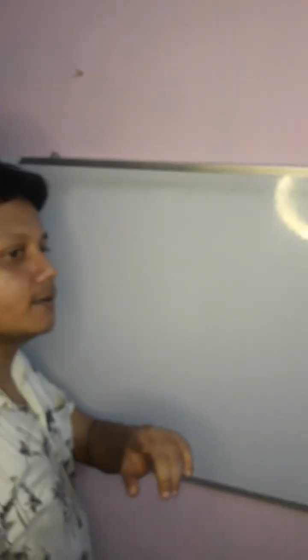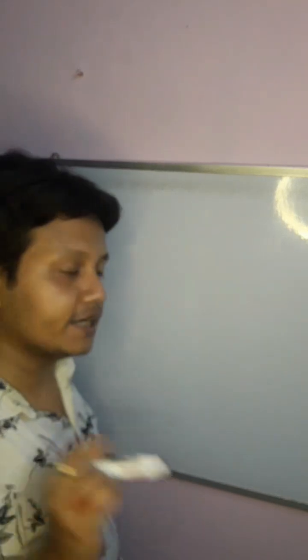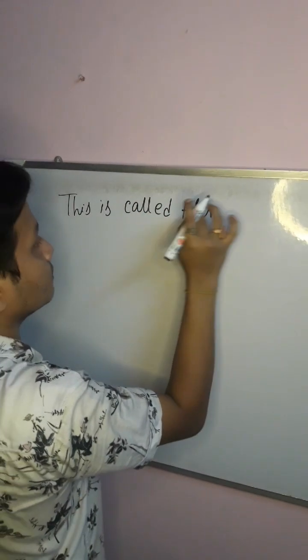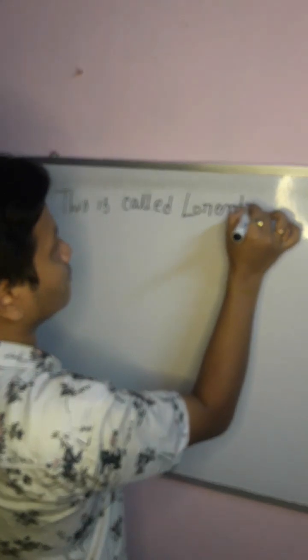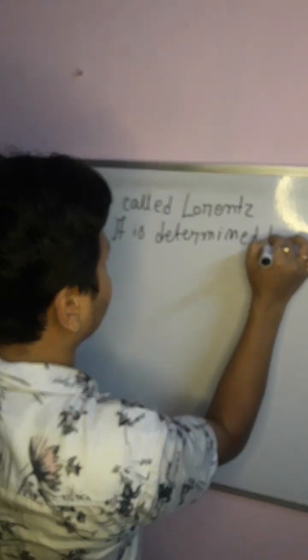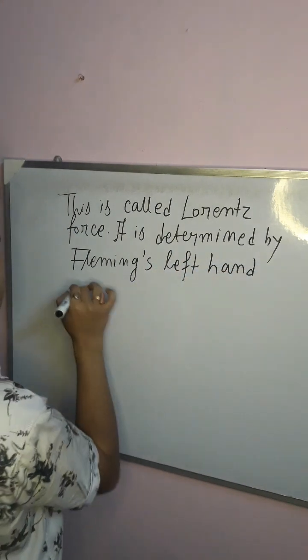One thing you must remember is that by using Fleming's left hand rule we can determine the direction of this force, and Fleming's left hand rule we will learn later. So the direction of the Lorentz force is determined by Fleming's left hand rule.